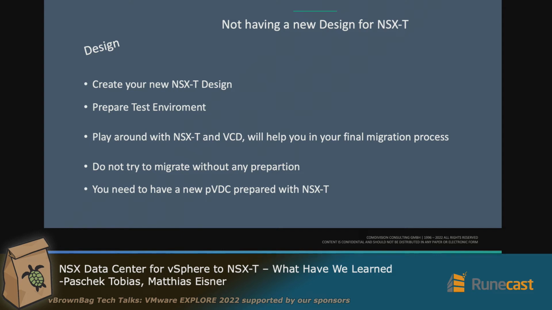You need to have a new PVDC prepared with NSX-T initially, which means we may need new hardware, or we need to move some spare hosts out of our current cluster. But this is also a big surprise for many service providers, saying, oh, this is not an in-place update. No, it is not an in-place update. This is a side-by-side installation, which means I need new hardware.